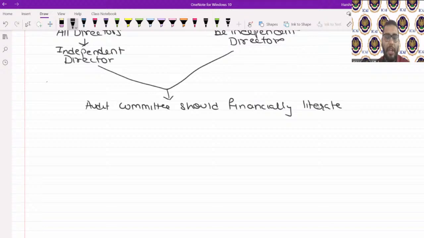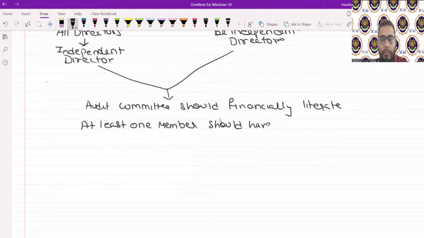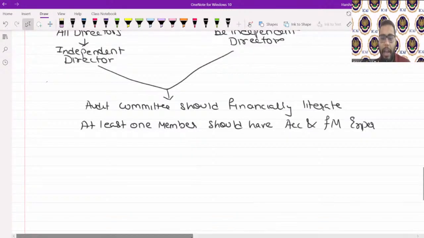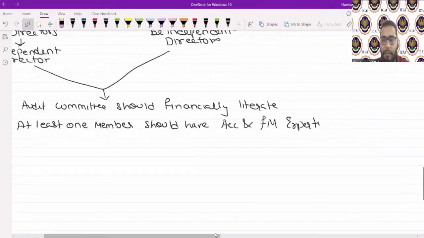And second, at least one member should have accounting and finance management related expertise. These are the requirements of LODR.